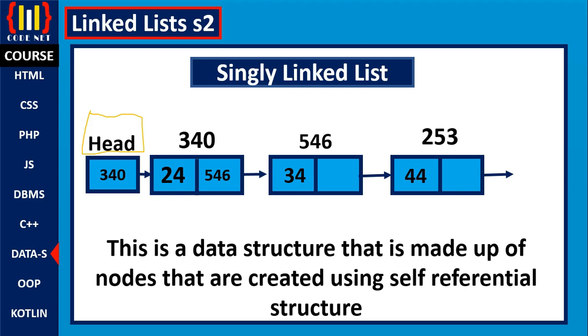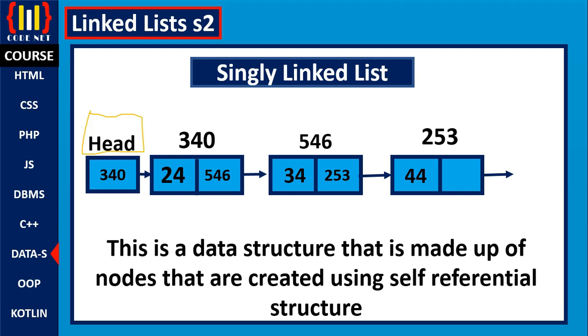And again, you can tell that the second node of this linked list will keep the memory address for the last node, hence we keep 253 as the memory address for the last node. And the last node, since it is not connected to any node, we expect the link that should hold the memory address for the next node to be set to null, since we are terminating the process.